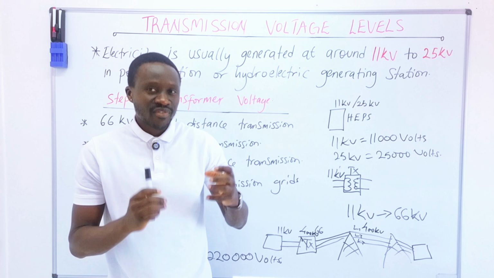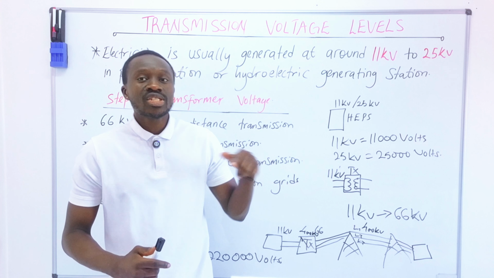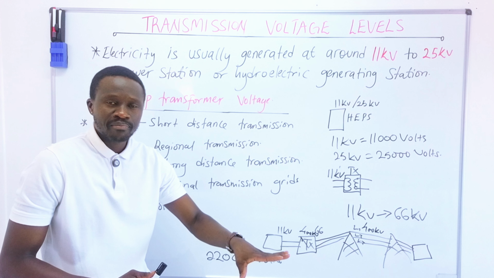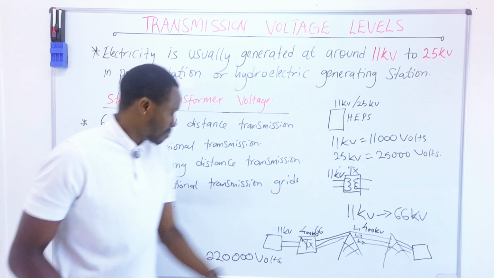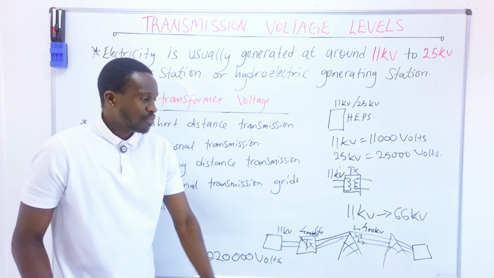These are the voltage levels which we are talking about today. A step-down transformer, as you hear the name, steps down the voltage from 400,000 to how many volts?